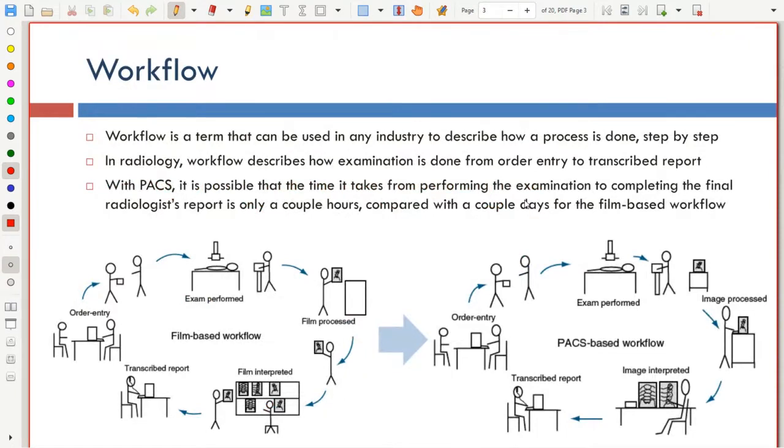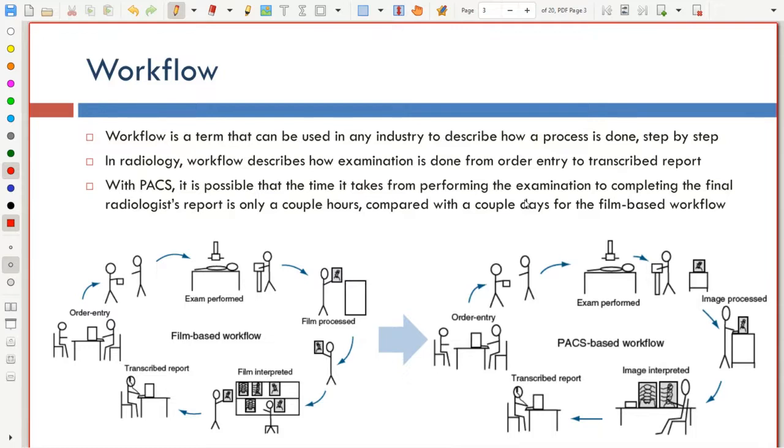One of the very important things that you have to talk about when you talk about any medical informatics system is what's called workflow. Workflow is the processes that happen in a hospital for a certain operation or a certain procedure, okay?